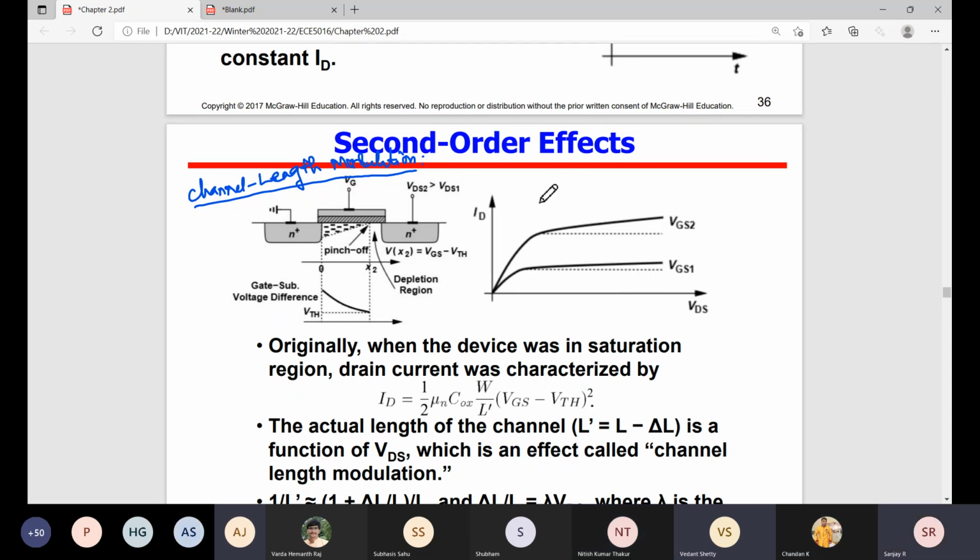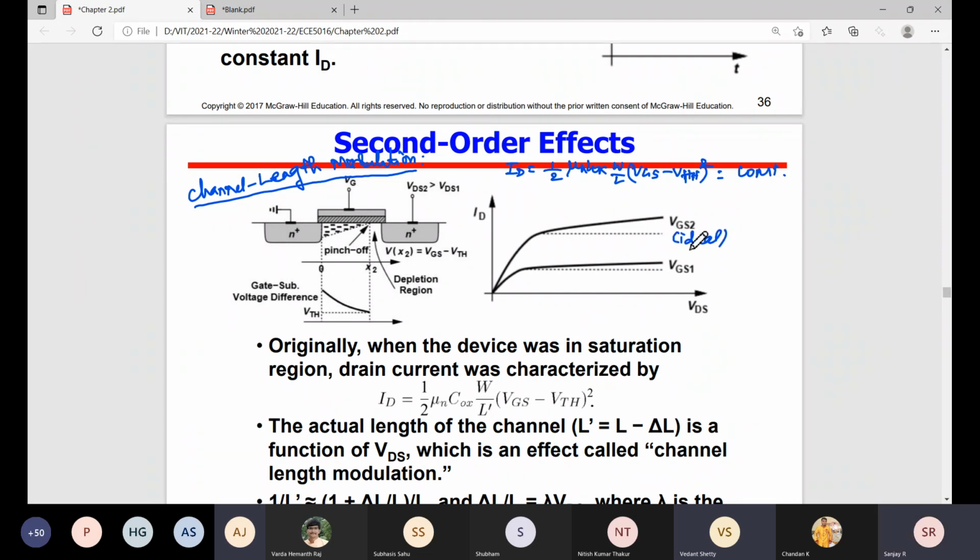That means let's take a given VGS, without channel length modulation, with the ideal equation, the current is constant, am I right? Always constant.